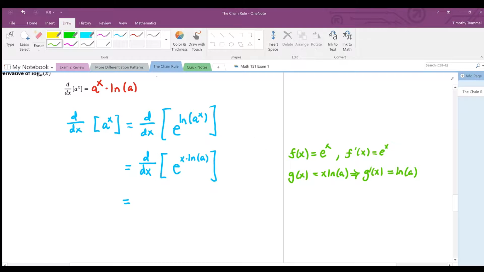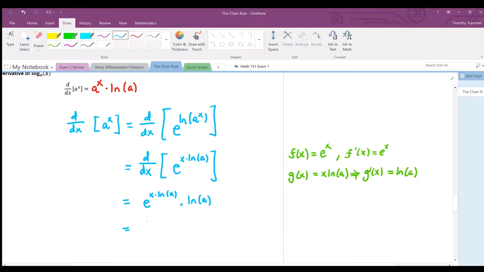So let's try and use the chain rule. We should have the derivative of the outside, so that's e to the x times the natural log of a. Then we multiply by the derivative of the inside, which we found to be the natural log of a. Now that we're done differentiating, maybe we can rewrite this a little bit.